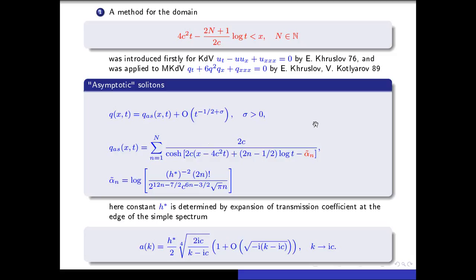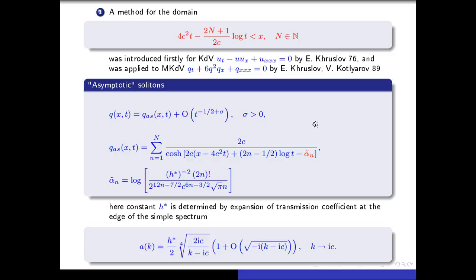Because of this logarithmic phase, this expression doesn't satisfy the modified Korteweg–de Vries equation precisely, but with some error, and this error tends to zero when time tends to infinity. That's why they called these objects asymptotic solitons. And we see that here we have some constant phase alpha tilde, which will play an important role in this discussion.